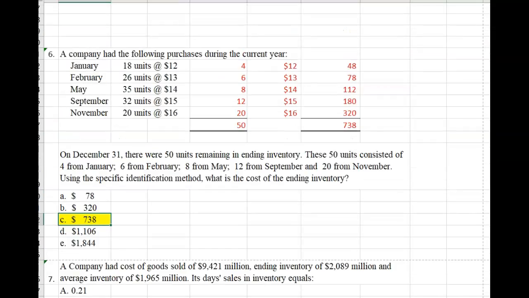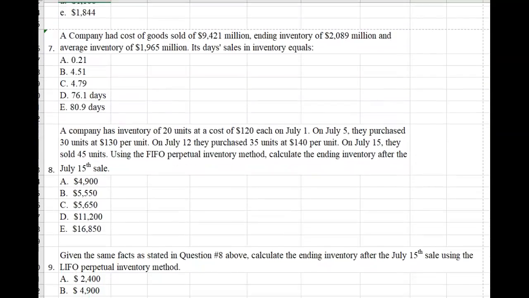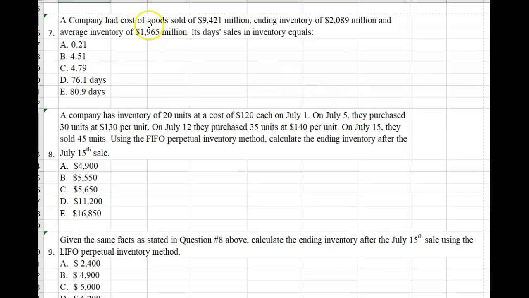Number 7. A company had cost of goods sold of $9,421,000, an ending inventory of $2,089,000, and an average inventory of $1,965,000. What is the days sales in inventory?